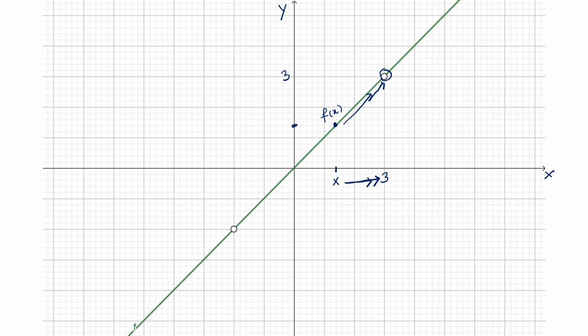In the same way, suppose here I have x. The corresponding f of x should be here. This is the f of x value when x is here. So when x approaches like this, then f of x also goes towards this point.